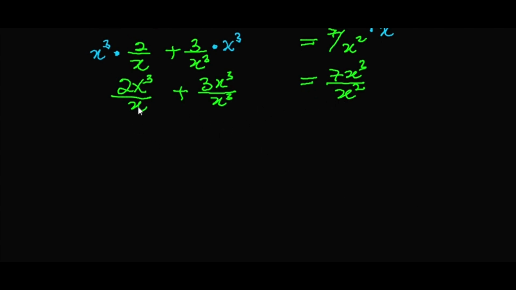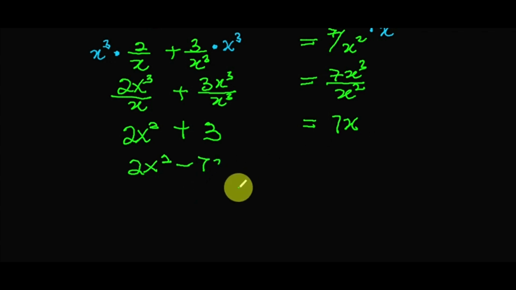So here 2x to the power 3 divided by x gives us 2x squared, plus 3x to the power 3 divided by x to the power 3 gives us 3, equals 7x to the power 3 divided by x squared, which gives us 7x. Let's take the 7x to the left hand side. So we have 2x squared minus 7x plus 3 equals 0.